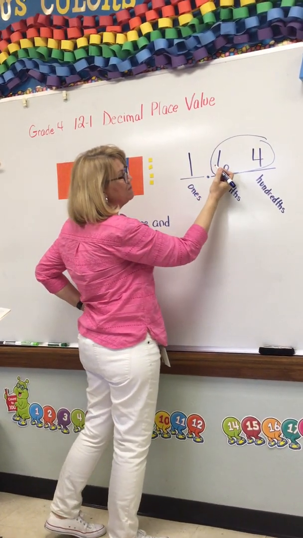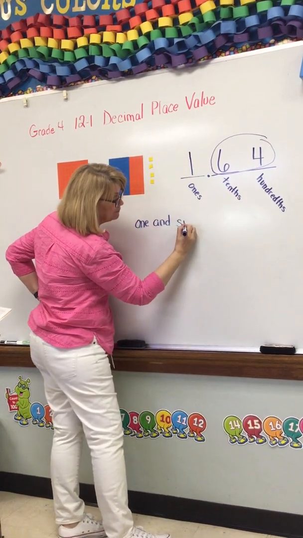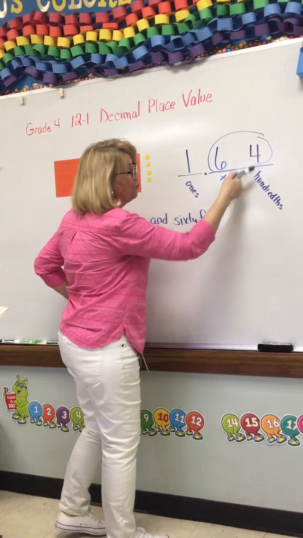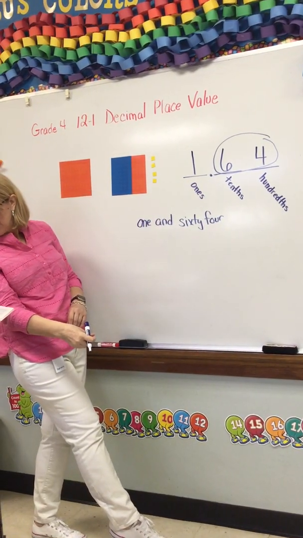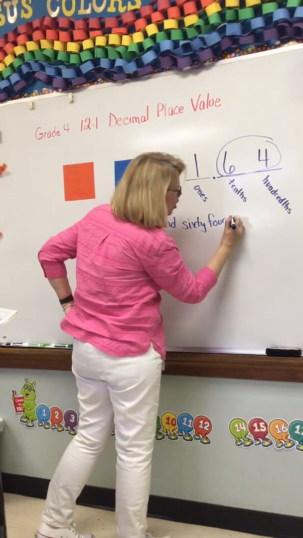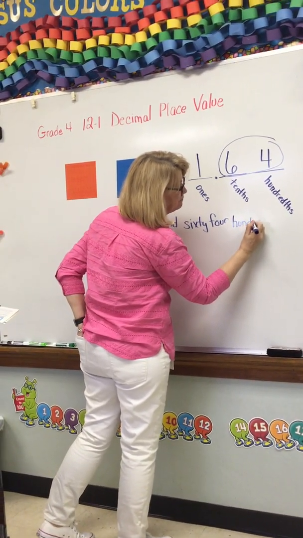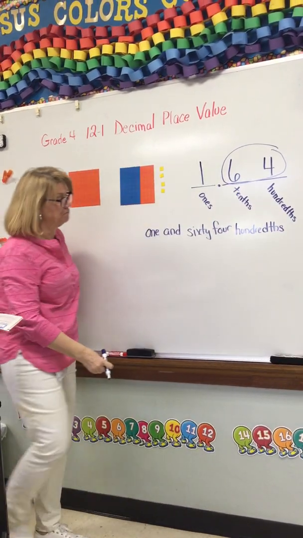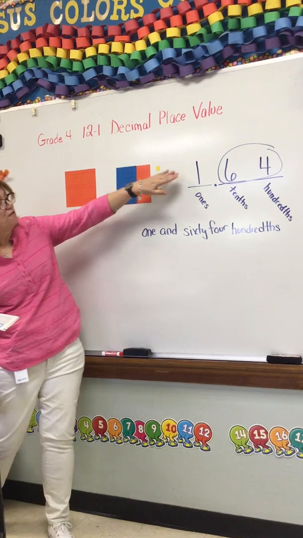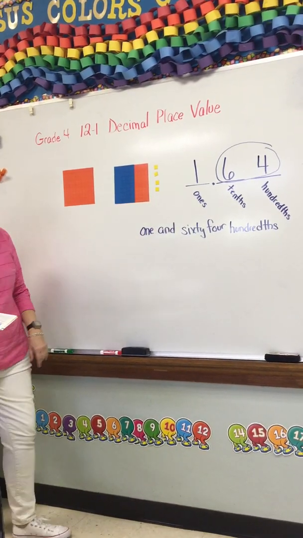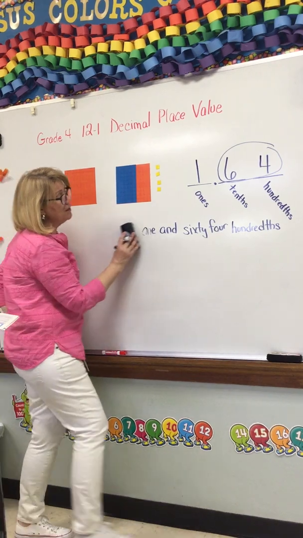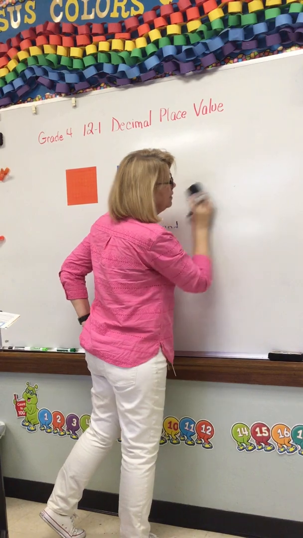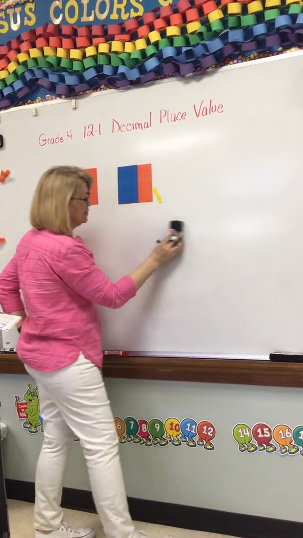That is 64, and the 4, since the 4 was in the hundredths, it would be 64 hundredths. One and 64 hundredths. So all we're talking about is things broken up into tenths or hundredths blocks.